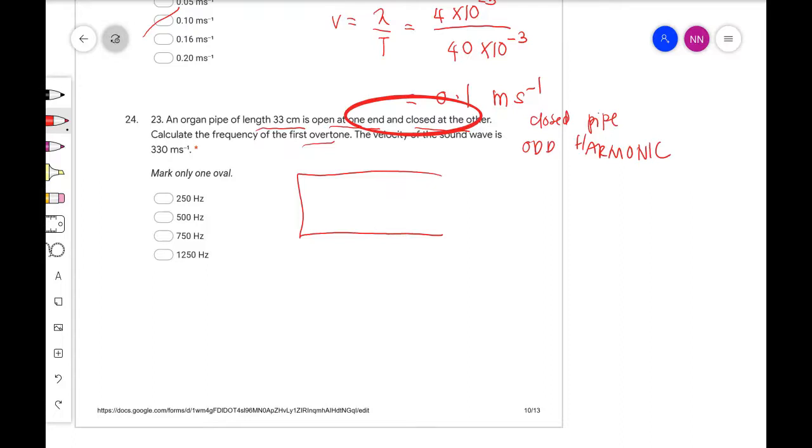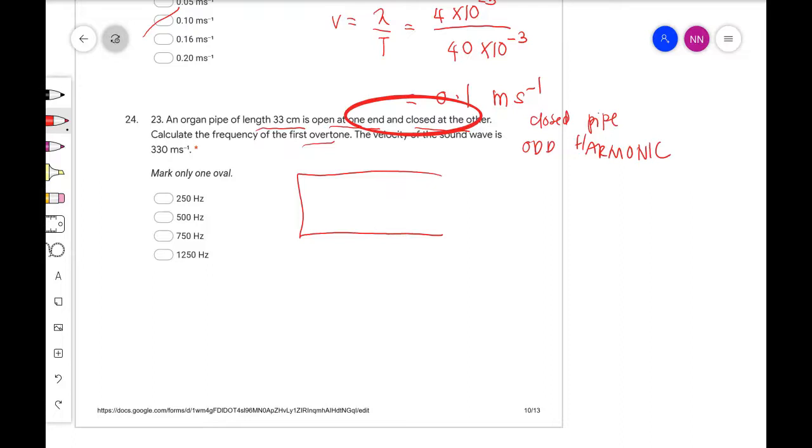And then substitute the length. Length is 33 centimeter. You must convert to meter. Divide by 3. So the frequency equals 750 Hertz. So the answer is C, 750 Hertz.